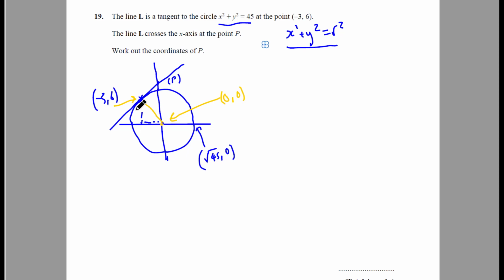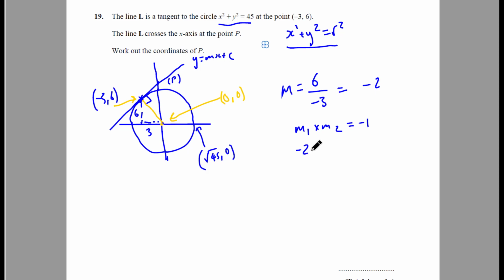Now we know this height is 6 and that's 3, so the gradient m equals 6 divided by minus 3, which equals minus 2. So the equation of this line here, that is a perpendicular line. So we know m1 times m2 equals minus 1.